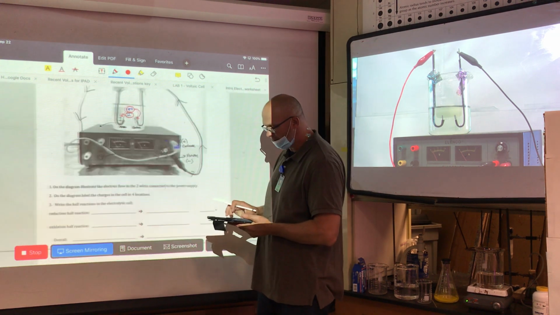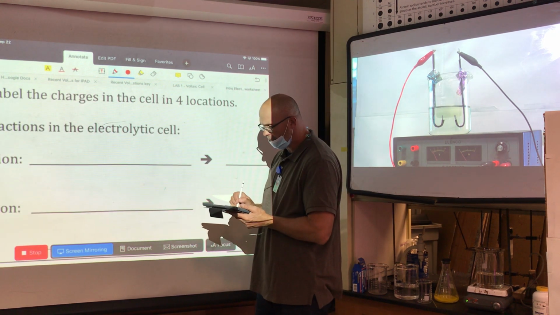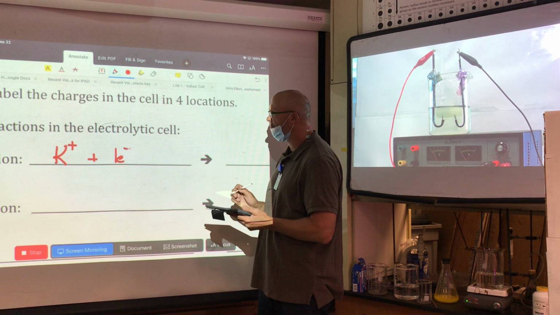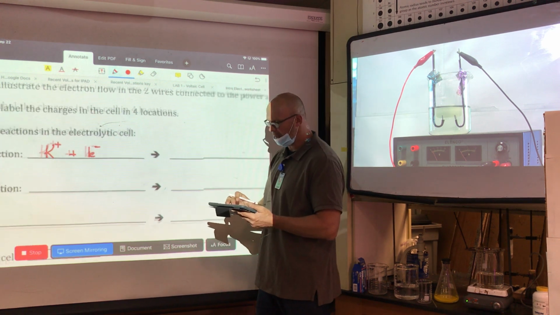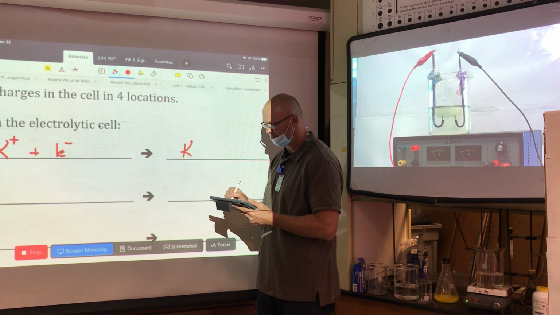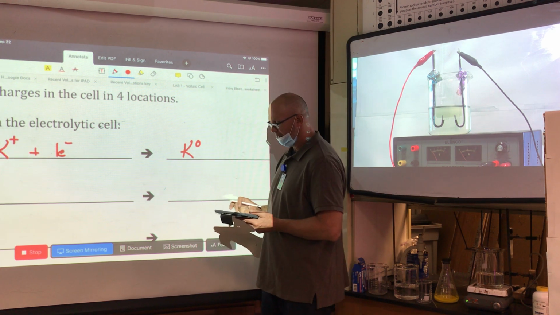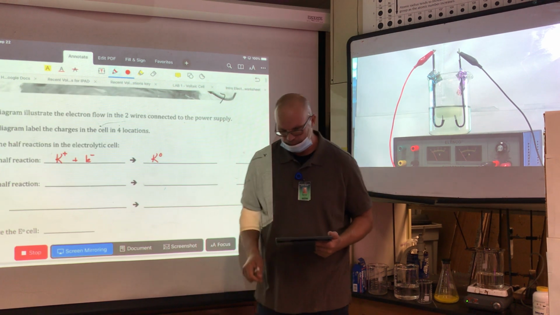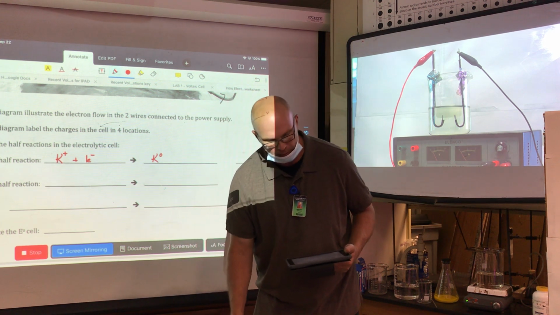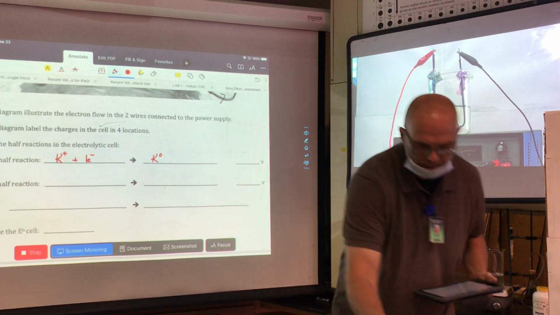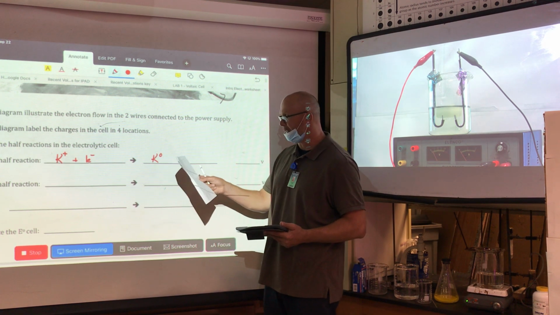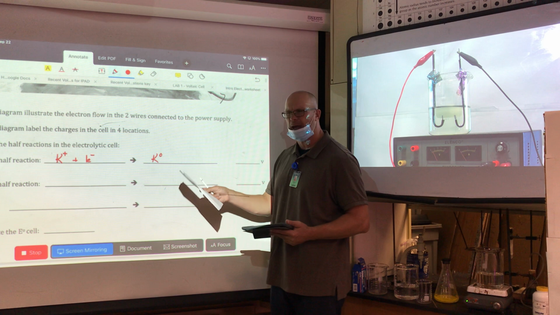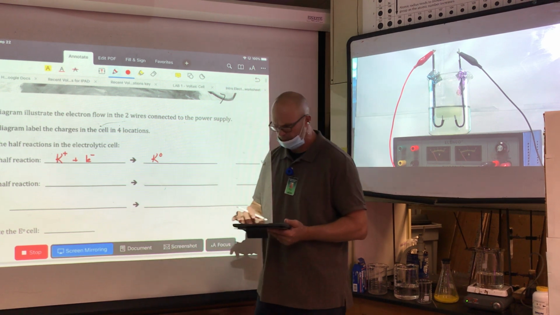So let's go down here. Reduction. We've got K plus in solution. It's being forced an electron onto it, and it's becoming K0. The net potential: looking at my standard reduction potential chart for potassium, K plus plus an electron as written is negative 2.92.